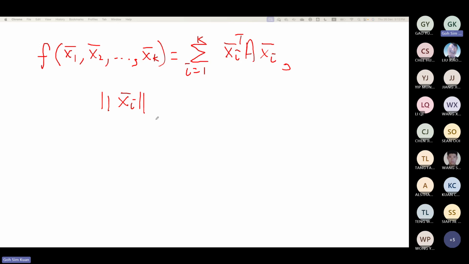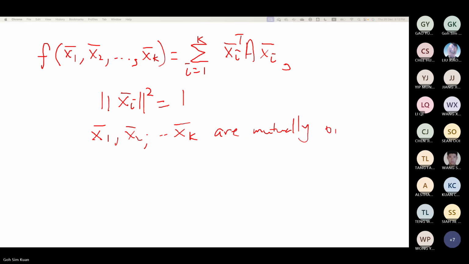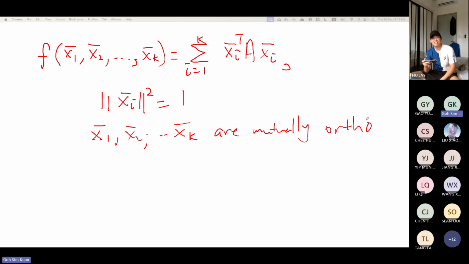We are required to satisfy that the norm square of each of these vectors is 1, and x1, x2 to xk are mutually orthogonal. What is the name of this particular function? Do you still remember the name for this particular function?